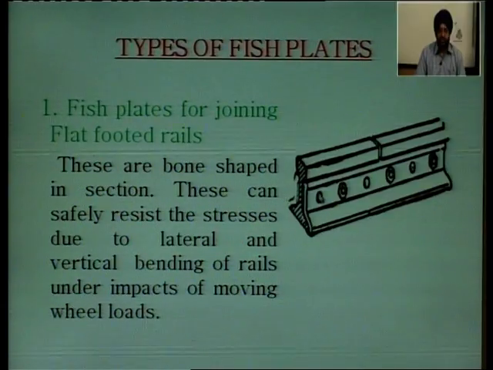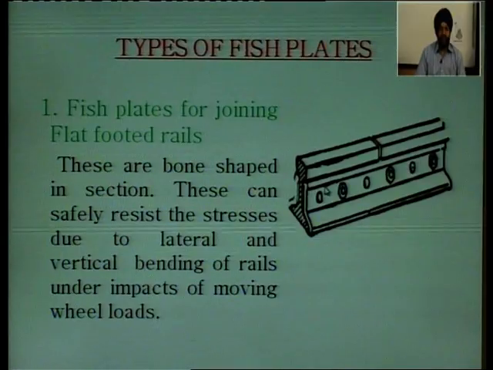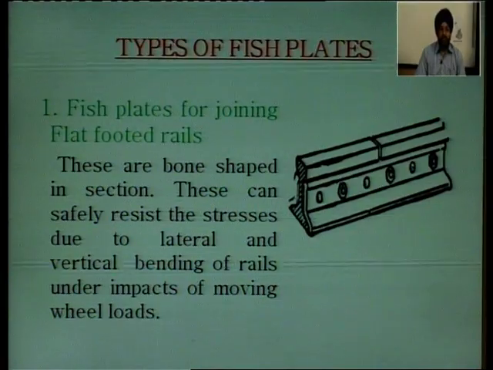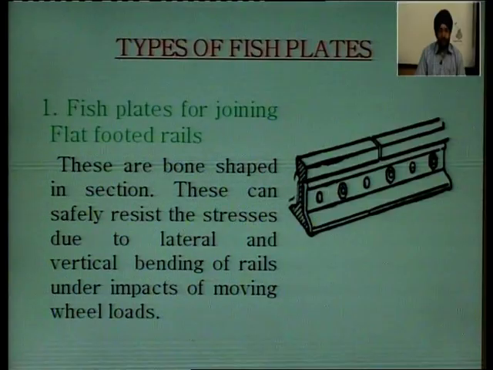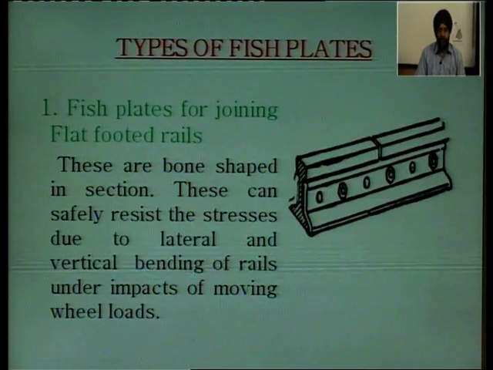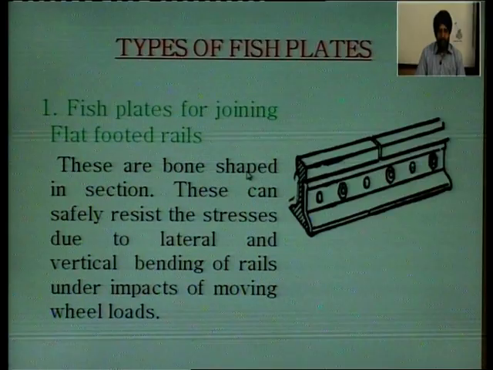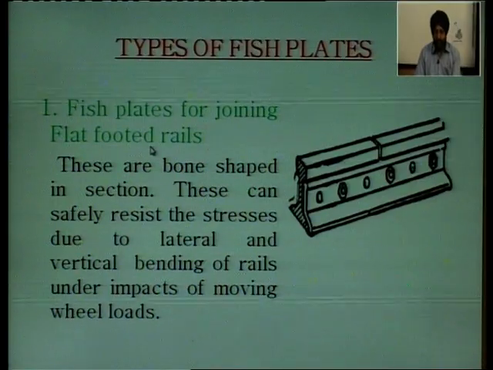These are the fish plates which are used, and they can safely resist the stresses due to lateral and vertical bending of rails under the impact of the moving wheel loads.